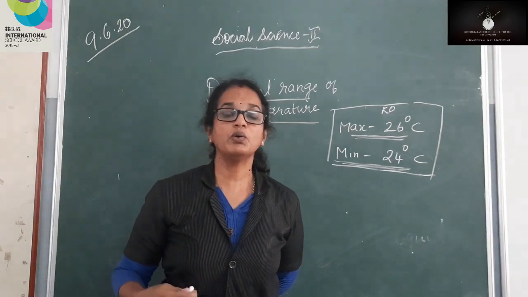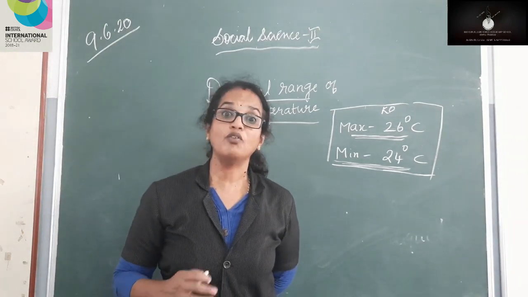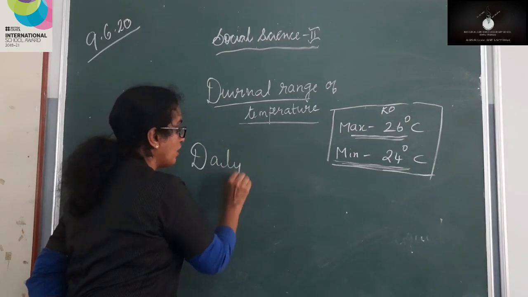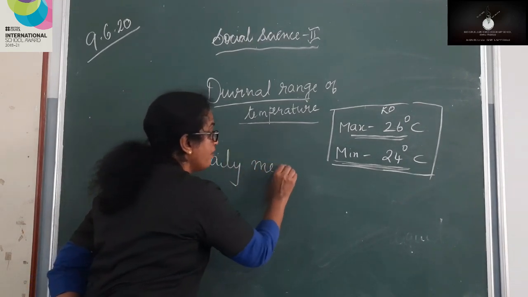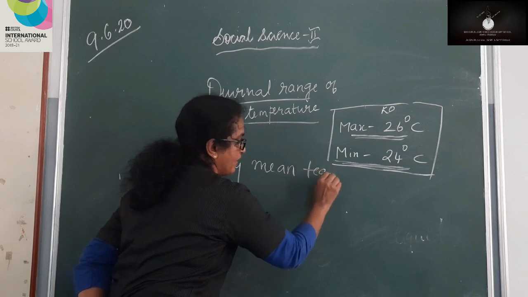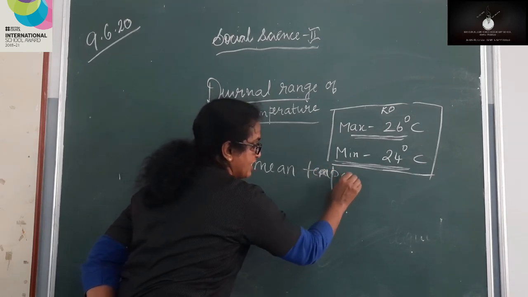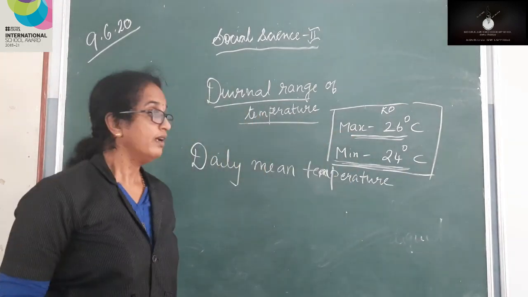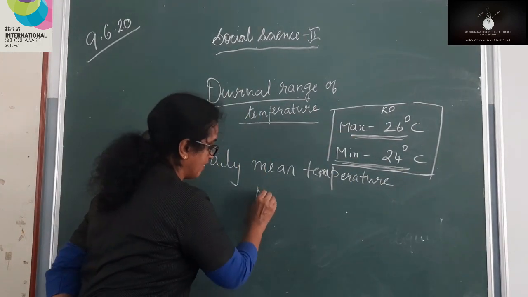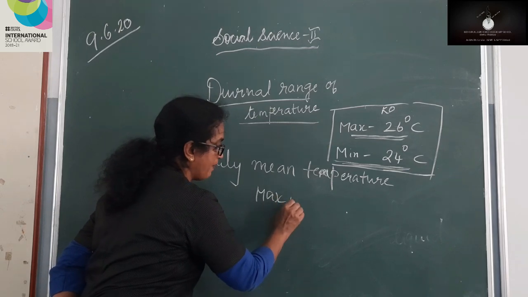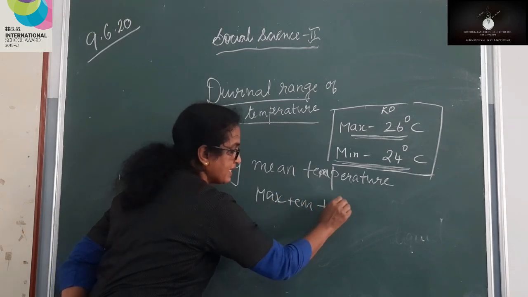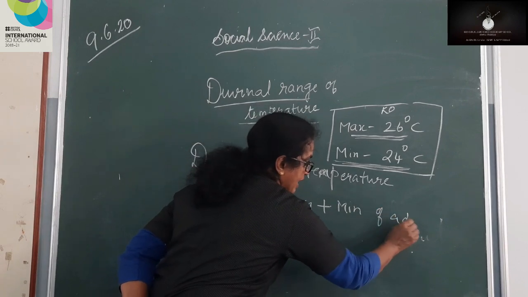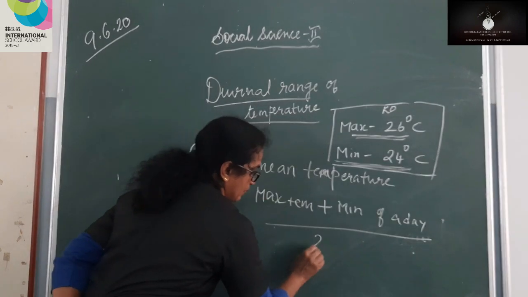So, how can we know the average temperature of a day? This average temperature of a day is called the daily mean temperature. This is calculated by the maximum temperature of a day plus the minimum temperature of a day divided by 2.